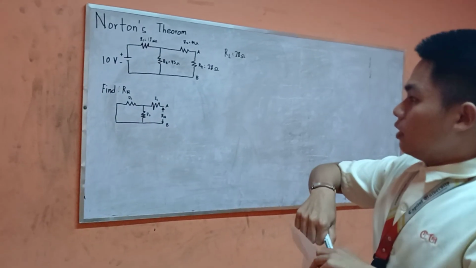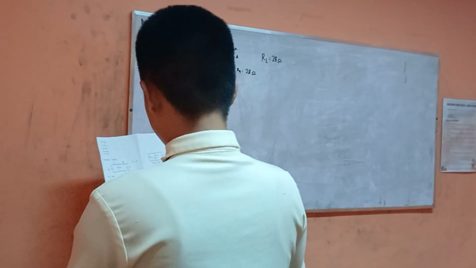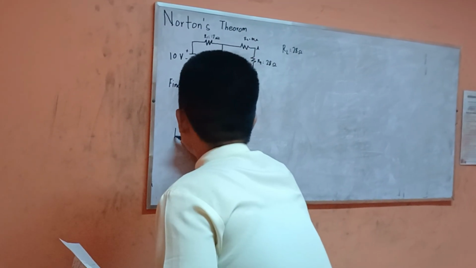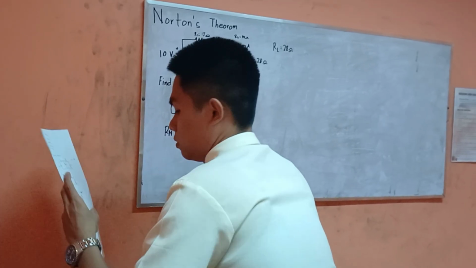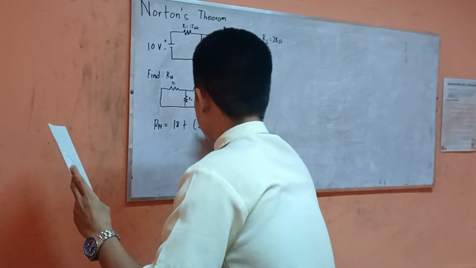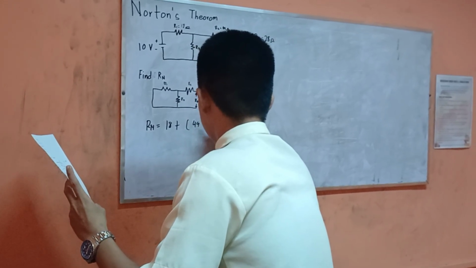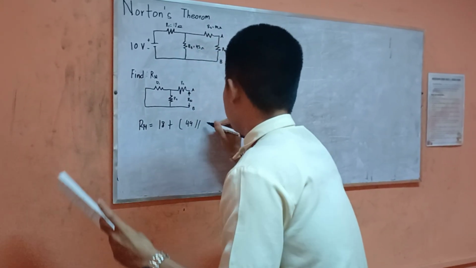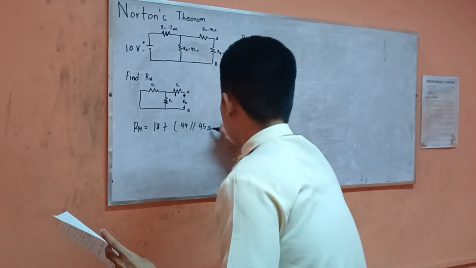Now we need to solve this problem. I will give the formula like this: Rn is equal to 18 plus parenthesis 49 parallel with 45 ohms.